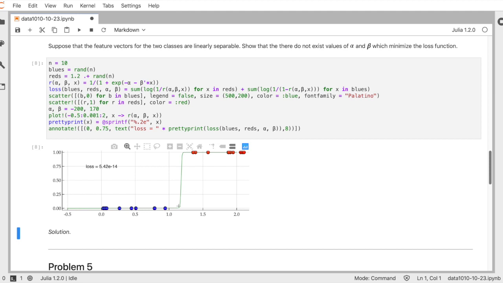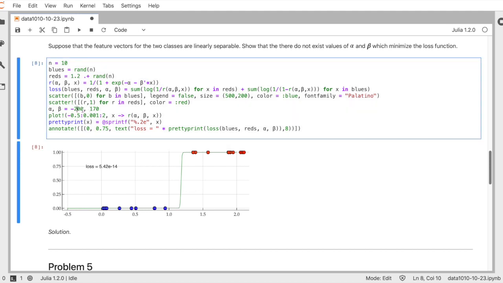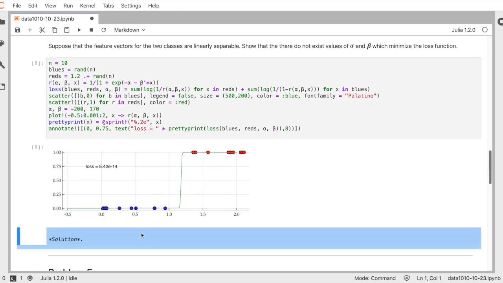So that's very small, and you can make it even smaller by just continuing to crank these numbers up, preserving their relationship to one another in such a way that it crosses 1/2 somewhere in this no man's land where there are no blue or red points. And so what we can say is that the optimization problem has no minimum. No matter what particular alpha and beta you choose, you can always choose another alpha and beta that are going to give an even smaller loss.